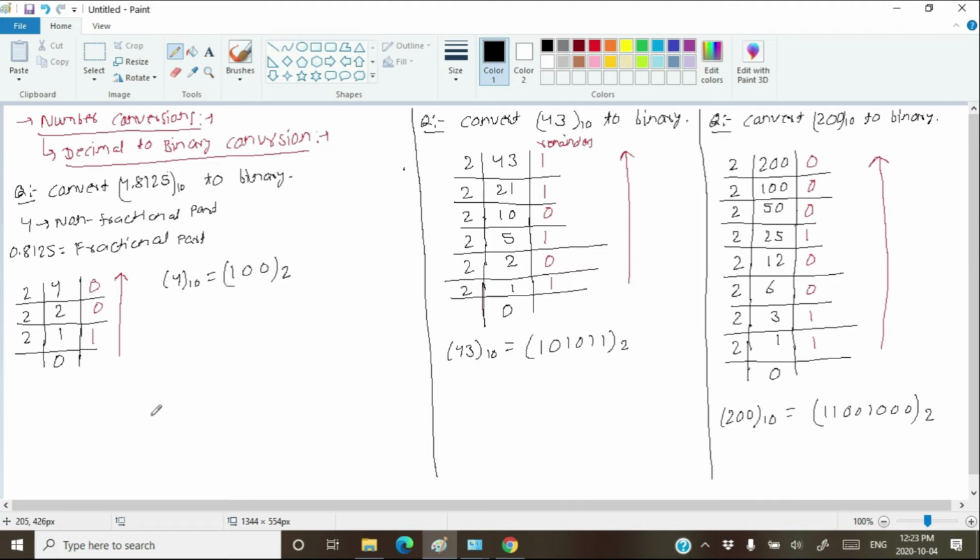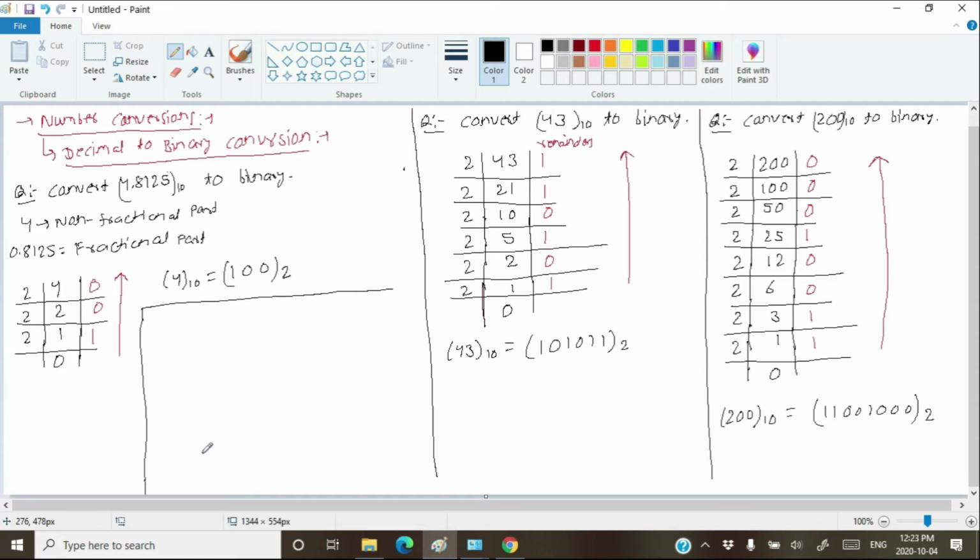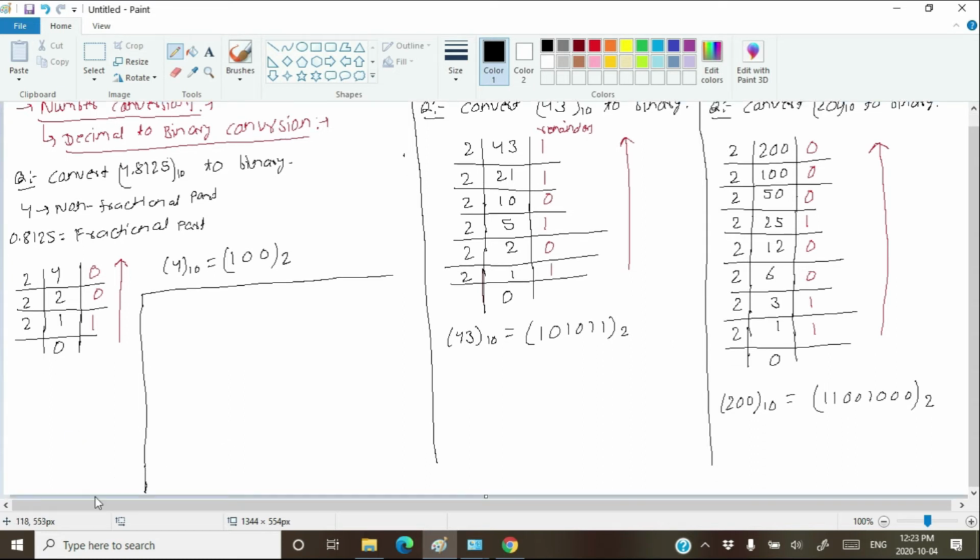Okay. Now let's convert the fractional part. The fractional part can be converted to binary by using repeated multiplication, not repeated division, by repeated multiplication. So let's convert the fractional part into binary by using repeated multiplication. Here you have to keep on multiplying the number by 2.